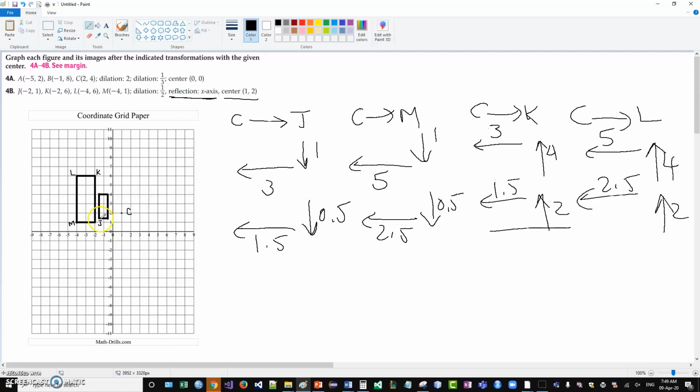Each point we're going to change the y value because it's reflected across the x-axis. If this is 1.5 for y, it will be minus 1.5. So this point will be right here, and these two, and for this last one, it will be right here. Let me just connect the points.